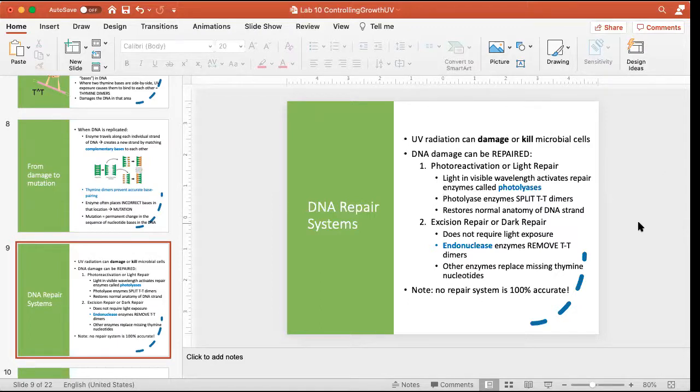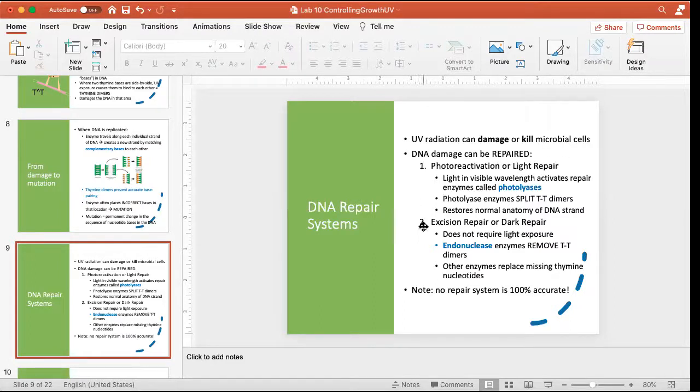Now let's talk about two of these mechanisms that repair DNA. And you should know that human cells also have repair mechanisms, so our DNA can also be repaired to a point when it's damaged by ultraviolet light. In bacterial cells, there are two primary systems for repair. One of them is called photoreactivation or light repair.